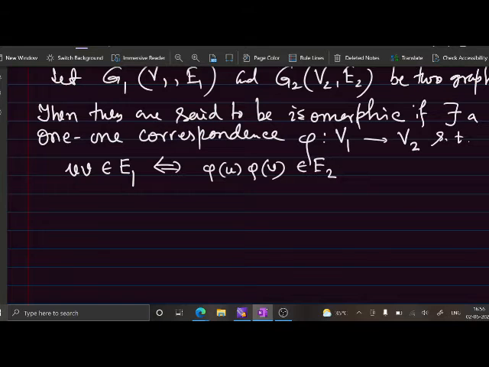Okay. That means if U and V are adjacent in the first graph, then their images are also adjacent in the second graph.